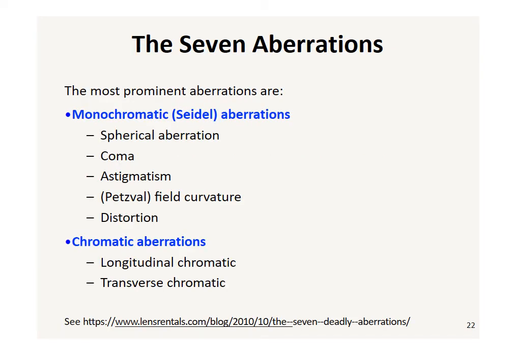So there are 7 main aberrations. The monochromatic ones fall into 2 subgroupings. These first 3 affect the clarity of the image. They make it blurry. The following 2, field curvature and distortion, deform the image.